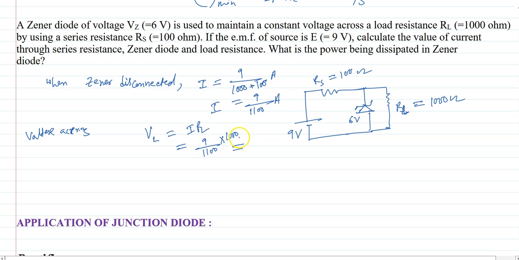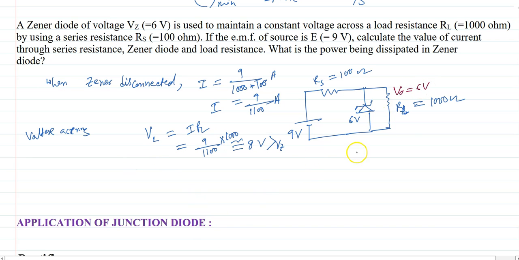You can calculate this, near about 8 volt. That is greater than the Zener voltage Vz of 6 volt. So now if we connect the Zener, the output voltage will always be 6 volt.